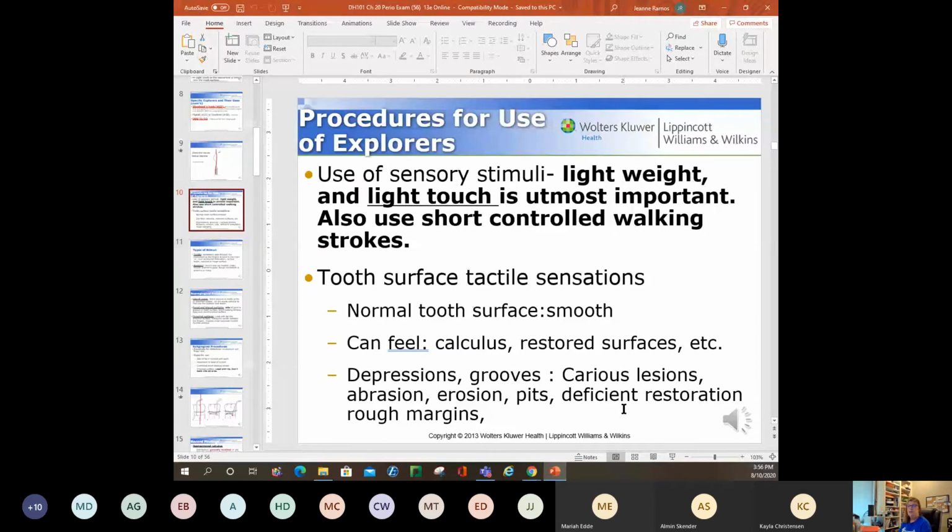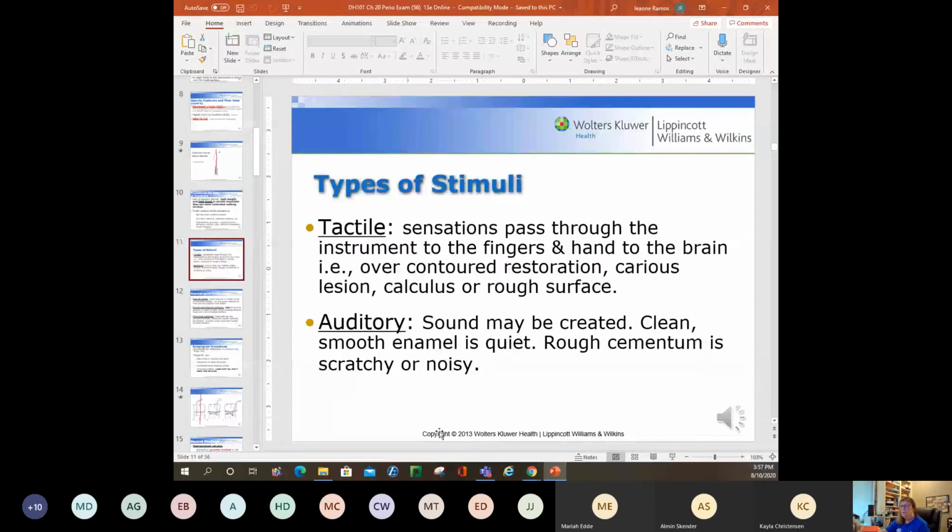So you can feel a lot of things with that explorer if you use it lightly: carious lesions, abrasion, erosion, pits, deficient restorations, rough margins, calculus, etc.